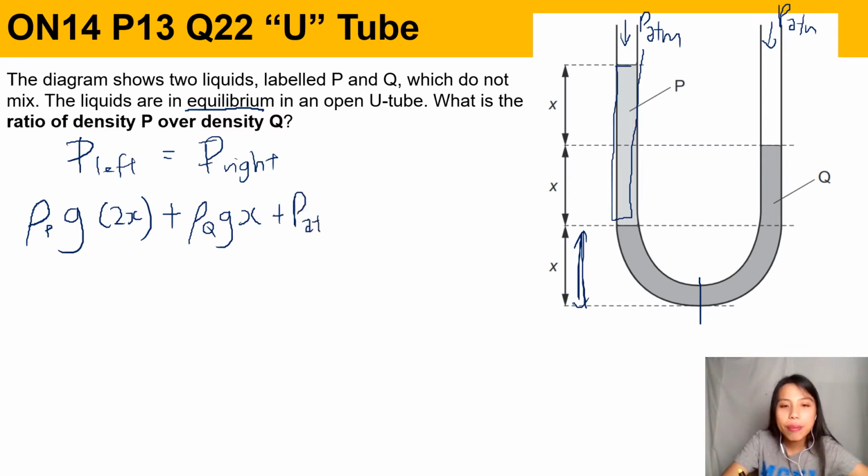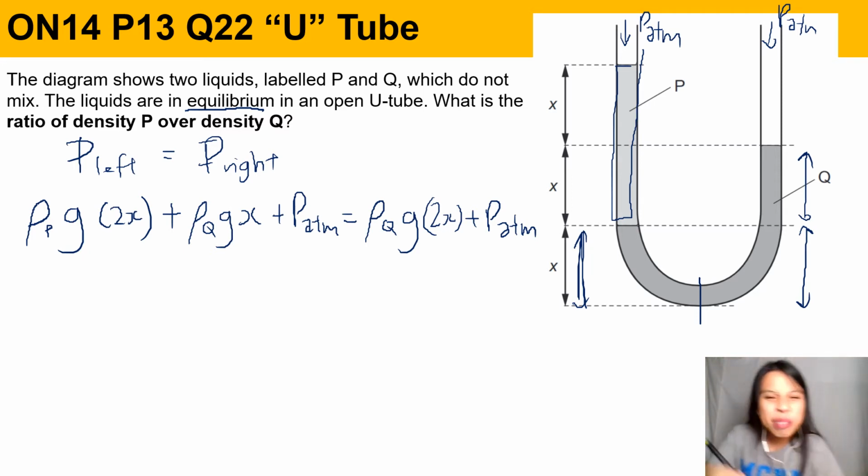Atmospheric on this side. So the other side will be the same liquid there, actually 2 of it. So you have liquid Q times g times the height. Total height will be 2x, plus atmospheric pressure.